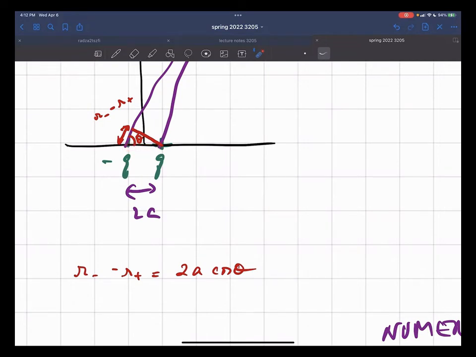I want to figure out this distance. This is r minus minus r plus. That's equal to 2a cos theta. Okay?